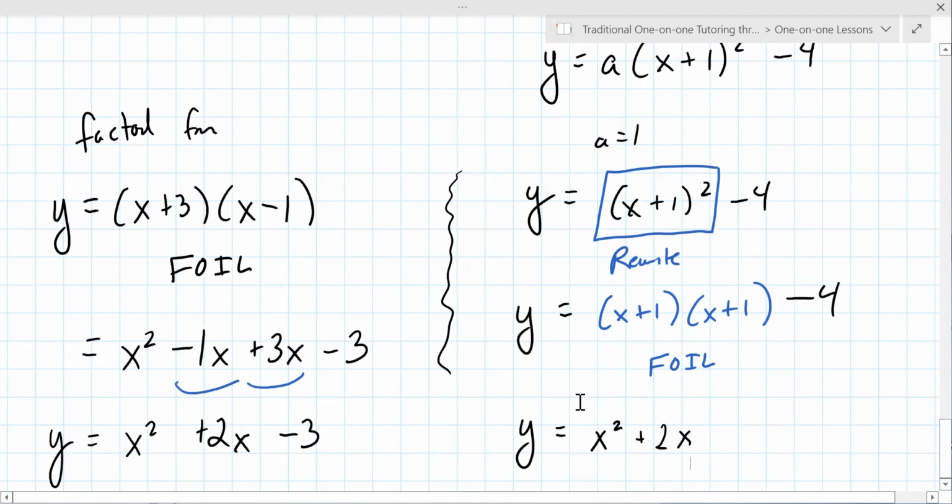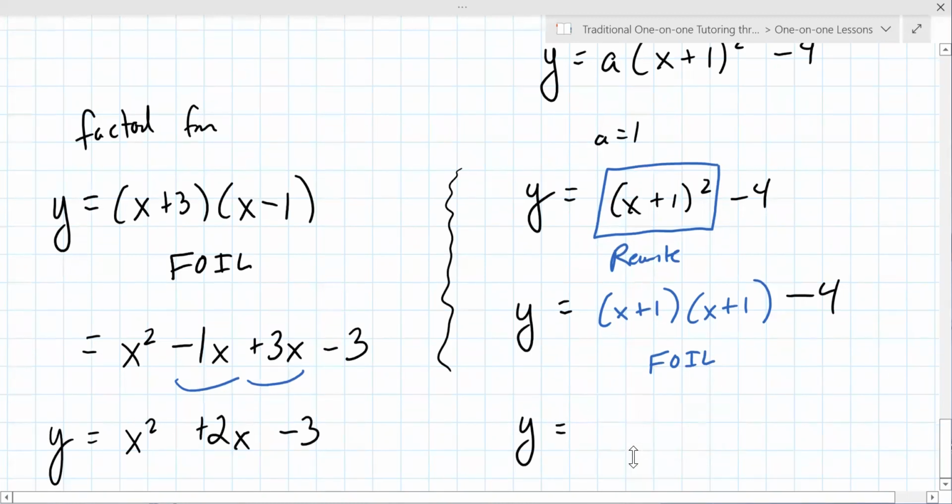I just don't get the sense you foiled this, so let's try this together. The -4 is coming down with it. x times x is x squared. What is x times 1? That's the outside. Oh yeah, I just went straight to 1 and 1. Yes, 1x, or x, doesn't matter.